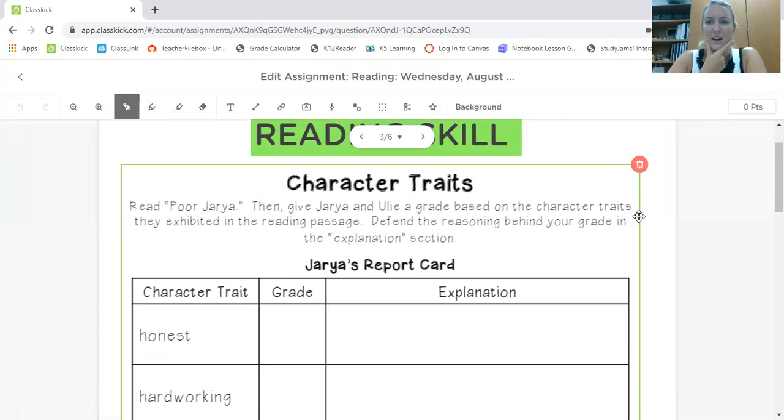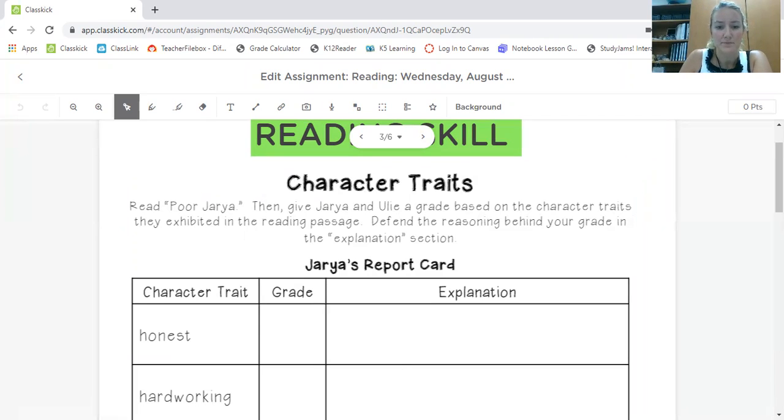So let's think of the character trait of honest. If you're honest, you normally tell the truth, right? And I'm trying to think, was there an example where Jarya told the truth? Or maybe an example of when she thought about telling the truth? Let's think about it for a second.